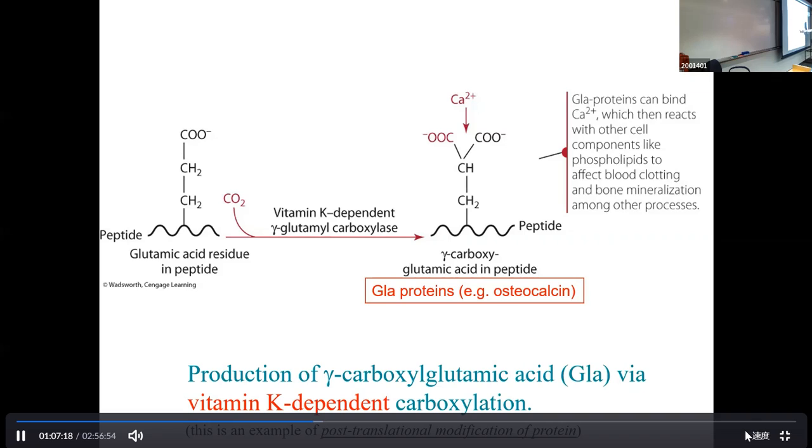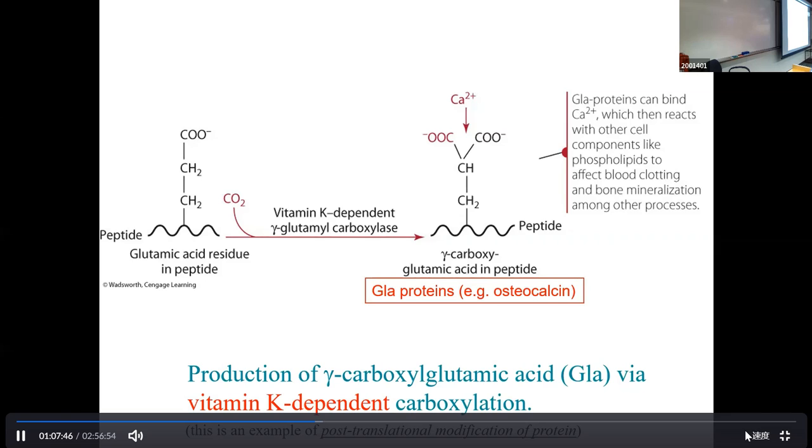We usually will refer to this as GLA protein, and that is because it is a gamma glutamic acid residue with 2 COO protein. Okay, so production of this is vitamin K dependent. Okay, and I put down here, this is an example of post-translational modification of protein.